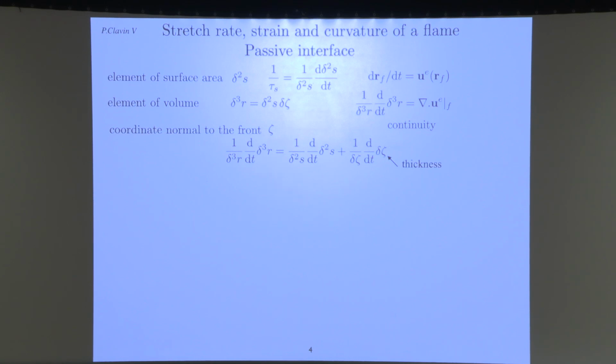I reproduce here a calculation which is well presented in the Batchelor book, Fluid Mechanics, for example. Well, what is a flame stretch? What is a flame surface? Consider a small flame surface. I put a delta squared because it is two-dimensional.